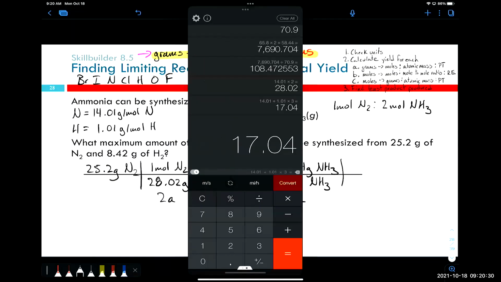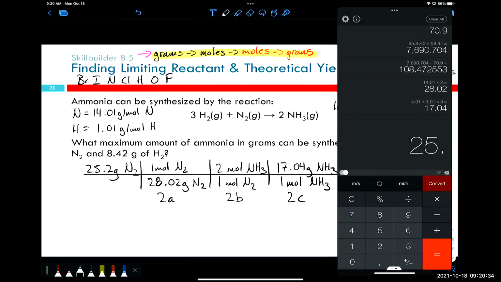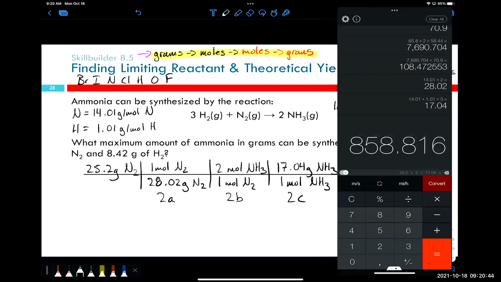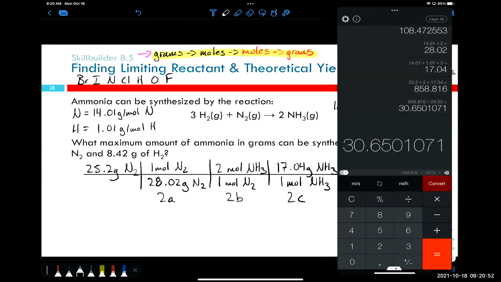So we can finish this off then by calculating the mass. So 25.2. Again, we're multiplying across the top. So multiply by 2, multiply by 17.04. Give us that number. And then we'll divide by 28.02. But we won't divide by anything else because we have 1 and 1 as the other numbers in our denominator.